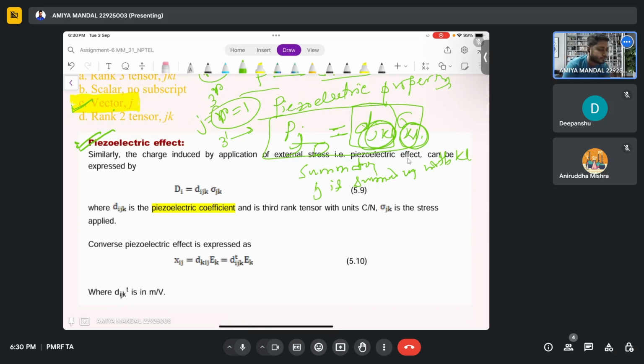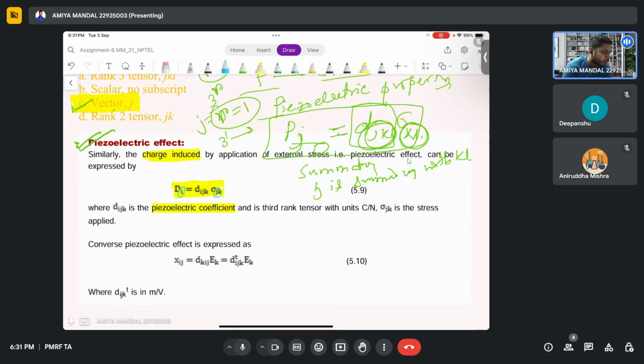What does the piezoelectric effect tell us? The charge induced by the application of external stress is the piezoelectric effect, and can be expressed as P_i = d_ijk sigma_jk.